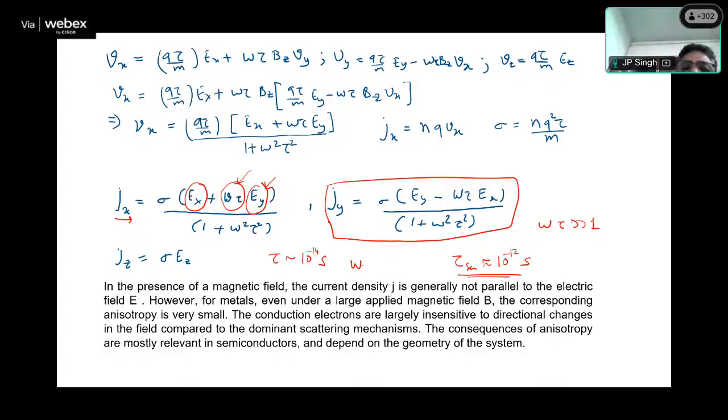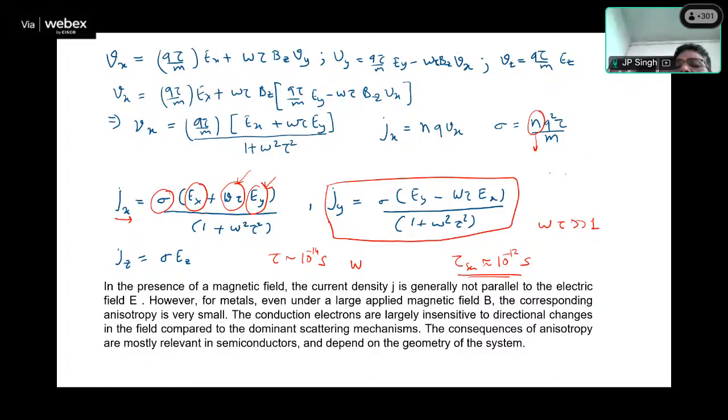The other thing is sigma here. Sigma has this n here. What is n here? This n is basically the carrier density. In the case of metal, a very huge number of carriers are there, so there are so many scattering events. Even though the deflection is there, on average there is not much deflection.